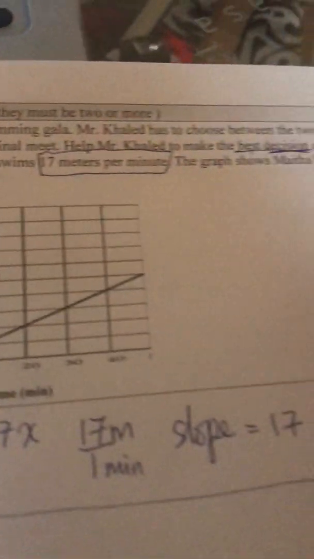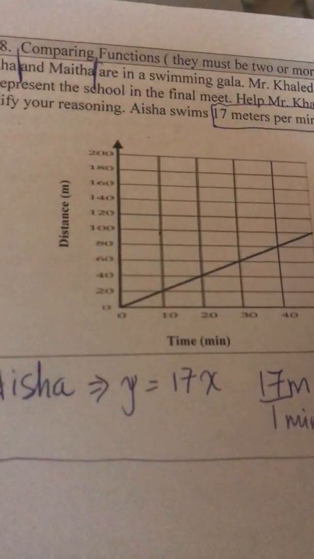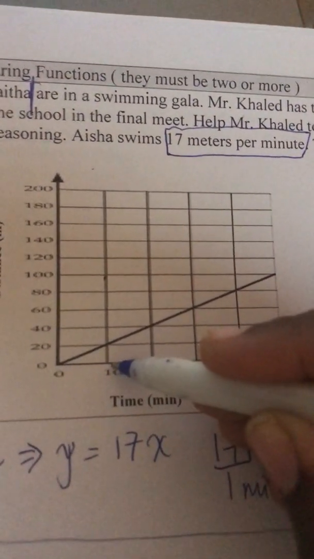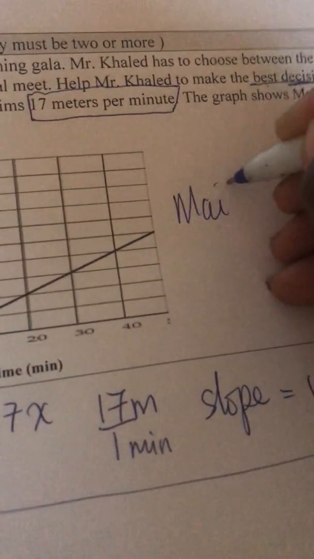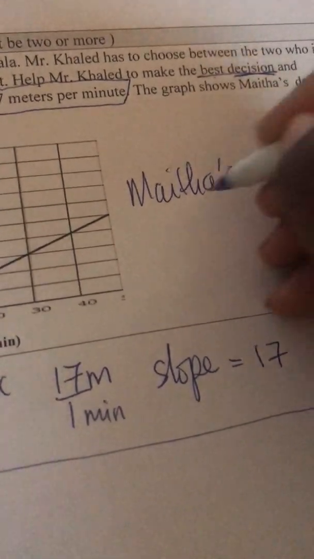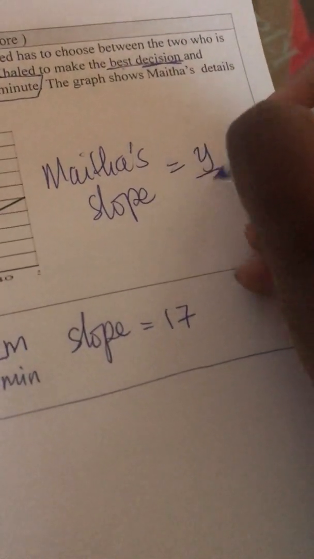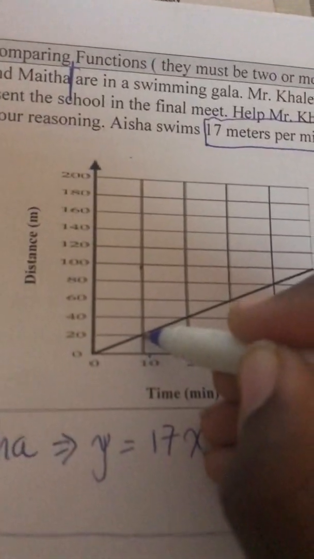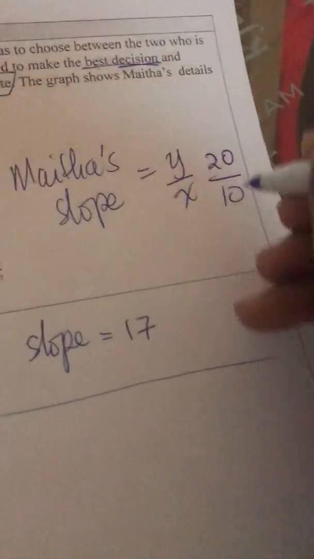Now, what did they tell me? I need to find Maitha. The graph shows Maitha's details. So I see it's direct variation, so I need to find the slope. Maitha's slope is y over x, and my first point here is 20 over 10, which is 2. Okay?